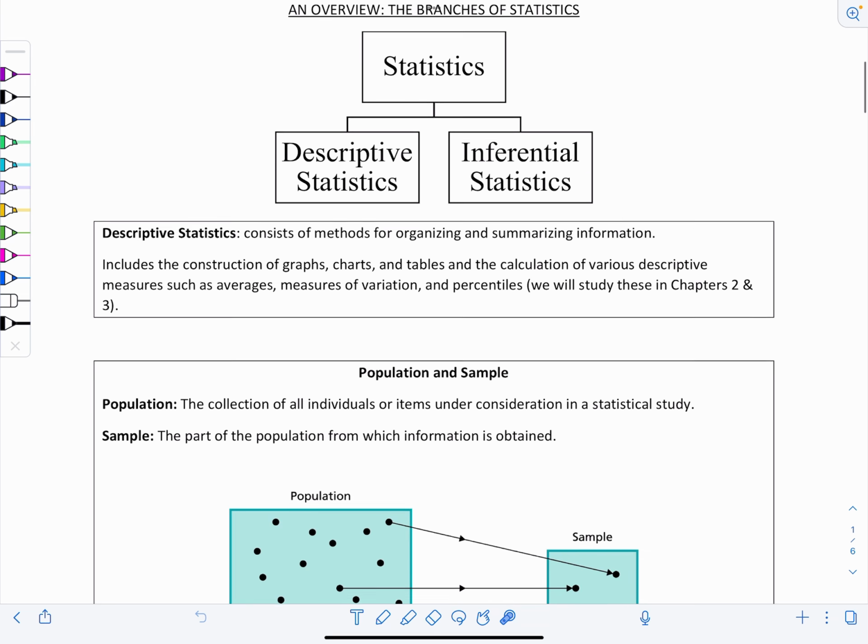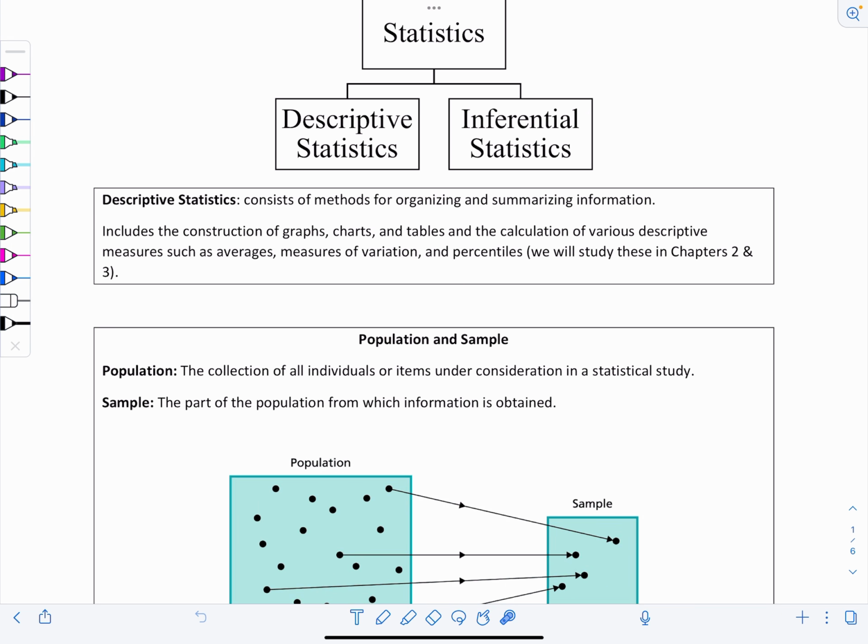So first branch is descriptive statistics. This consists of methods for organizing and summarizing information. And that's basically where it ends. So descriptive statistics can include the construction of graphs, charts, tables, even calculating various descriptive measures, such as averages, measures of variation, and percentiles.